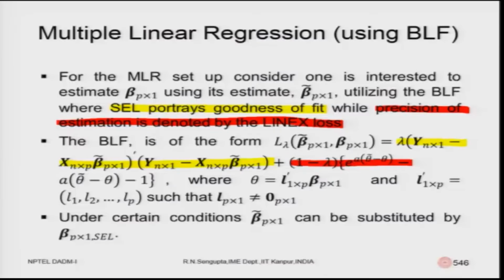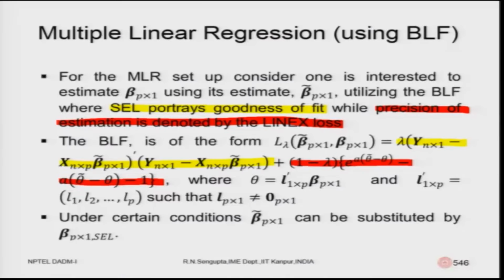Now, continuing this discussion, you give the Linex loss in order to estimate the theta. Theta is the precision of estimation which you want to do. And here you consider theta is equal to L transpose into beta, and this L transpose is a column vector or a row vector, whichever way you denote it, as L1, L2, L3 till LP, that is a p cross 1 vector, and they cannot all be 0.